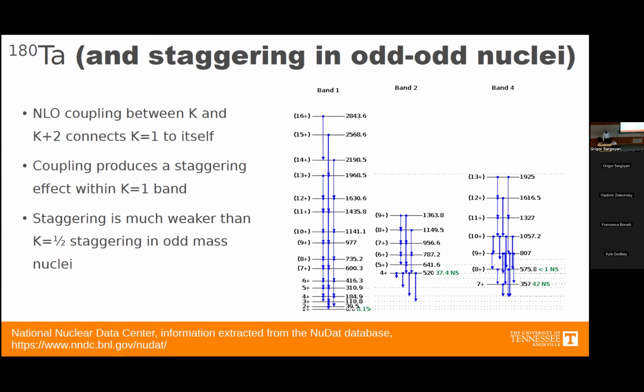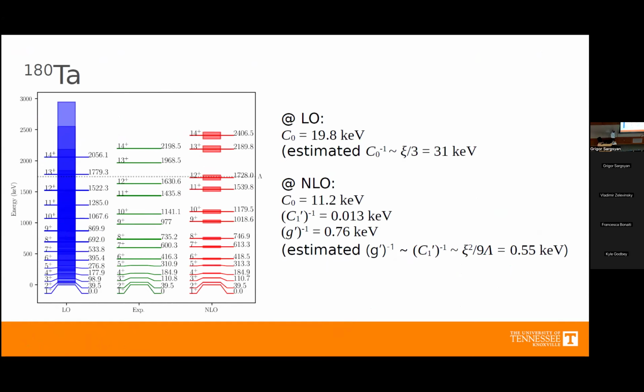Let's take a look at what we get as far as fitting here. Again, we fit the spectrum at leading order. This at leading order appears the same as the rigid rotor spectrum. So we don't see any kind of staggering effect over here. But when we move into the next to leading order description, we see that it matches that staggering fairly well up to the breakdown scale here.